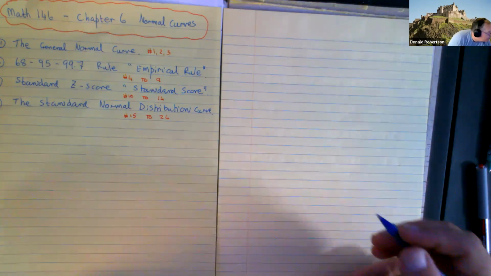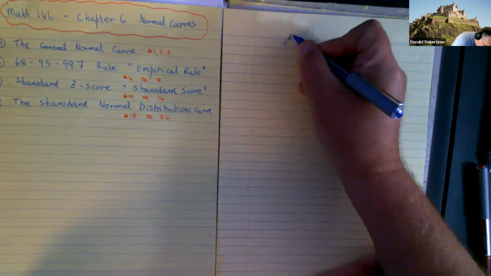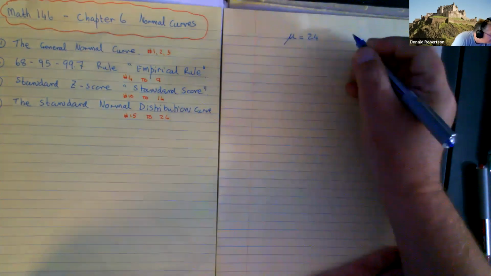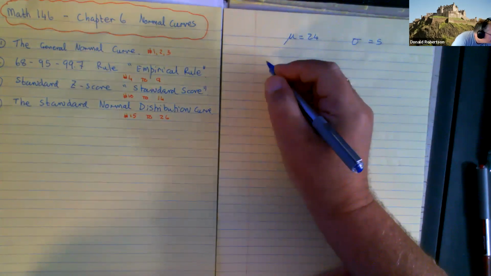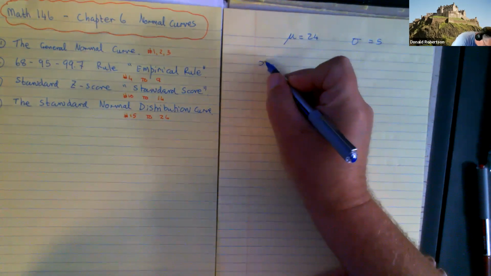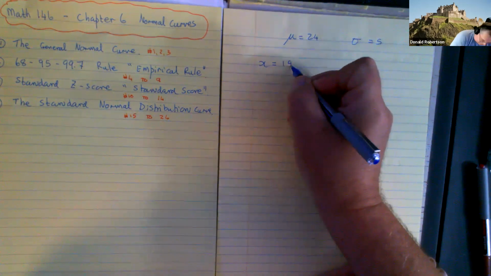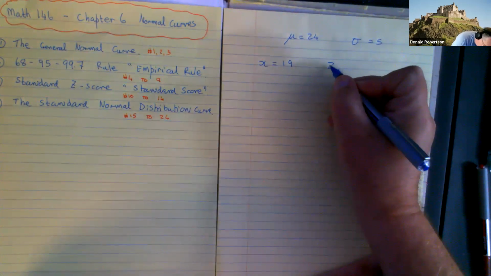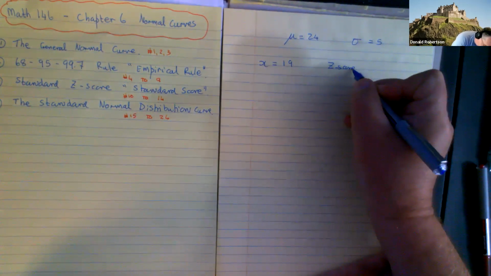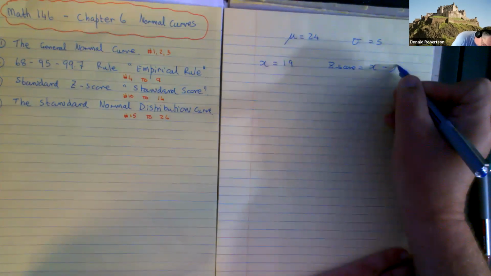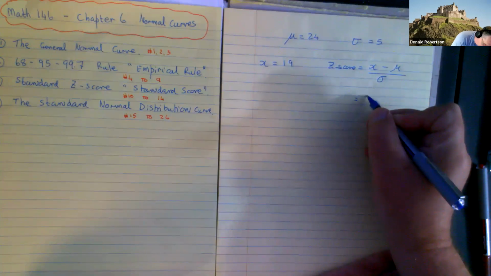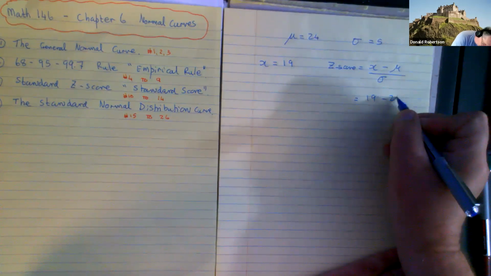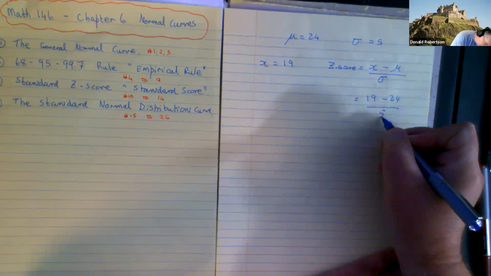So I'm just going to randomly pick a question. The mean is 24 in this question. The standard deviation is 5. And we're being asked to get a Z-score for somebody who got 19. Well, the Z-score for that person is X, take away the mean, divided by the standard deviation. So it's 19, take away 24, divided by 5.